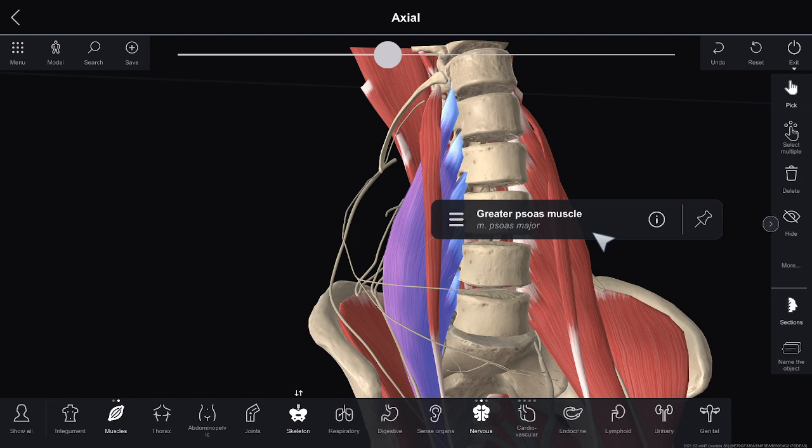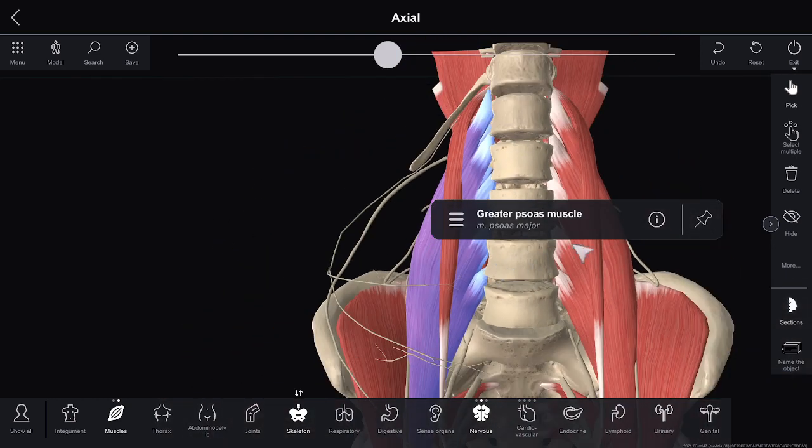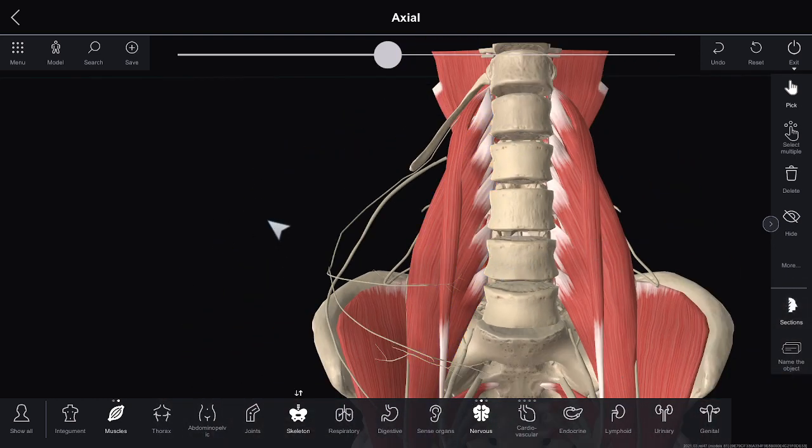It goes between psoas major and what another? Quadratus lumborum, musculus quadratus lumborum. Is it here? No, it is absent, because it belongs to the muscles of the back. But we now have only muscles of the legs.